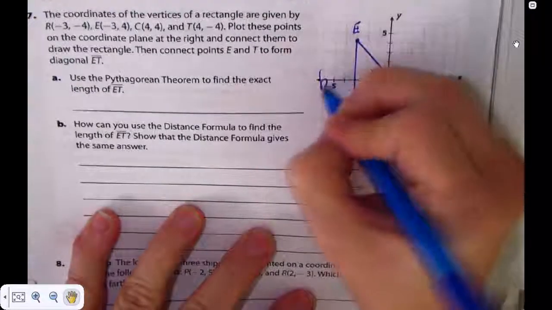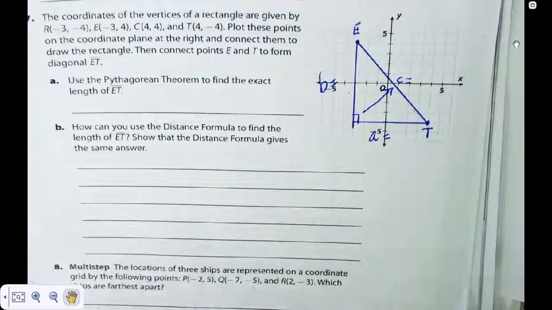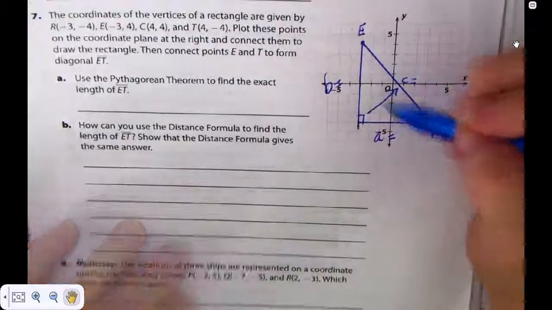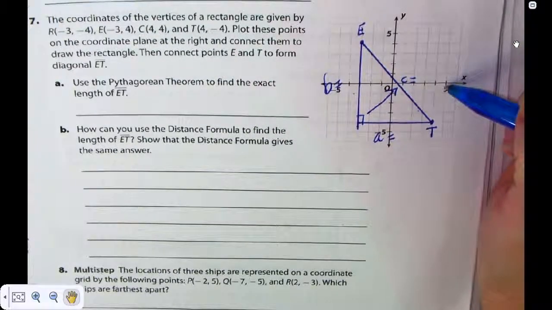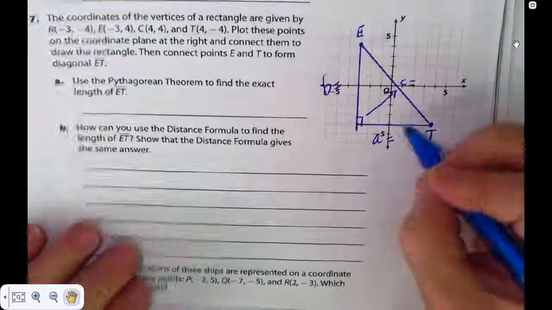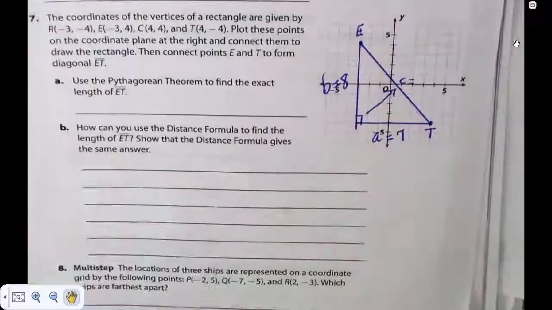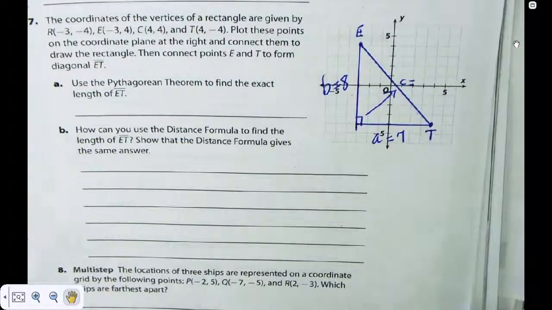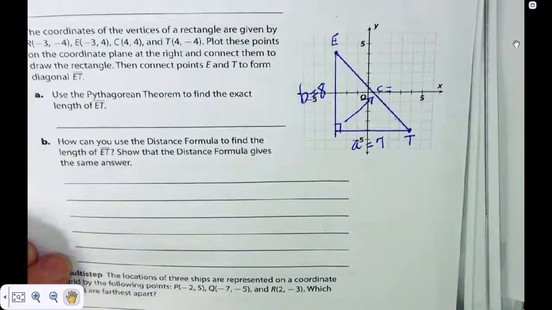So put A, put B. This time, make sure you're counting by ones, and you are, because that's 5, see, right there. 1, 2, 3, 4, 5. So A is what? 7, and B is, and then you follow the theorem, which we all can do. Easy, easy, easy. True?